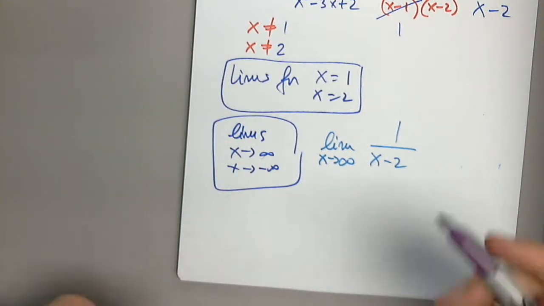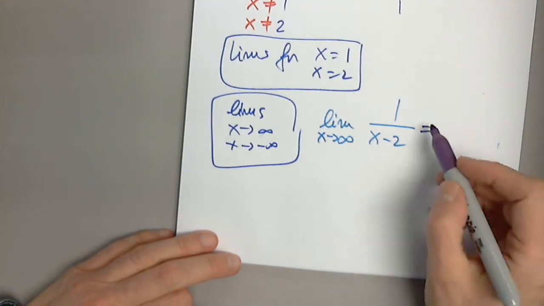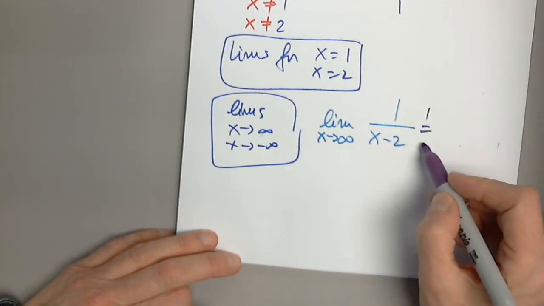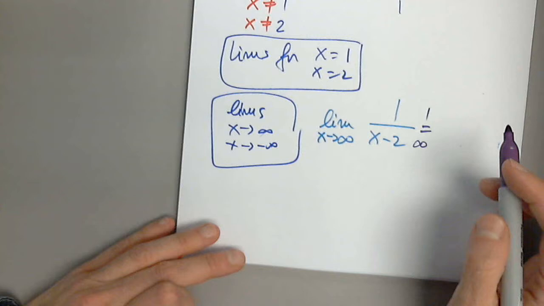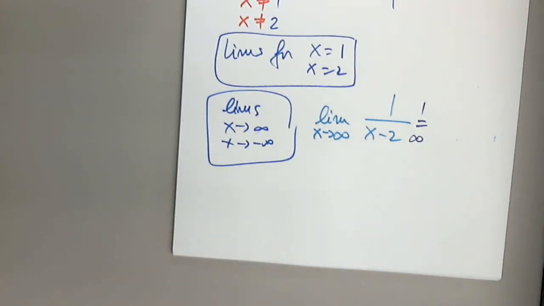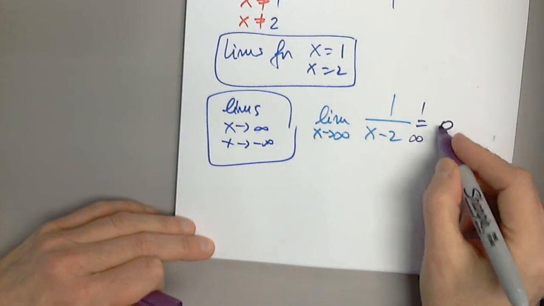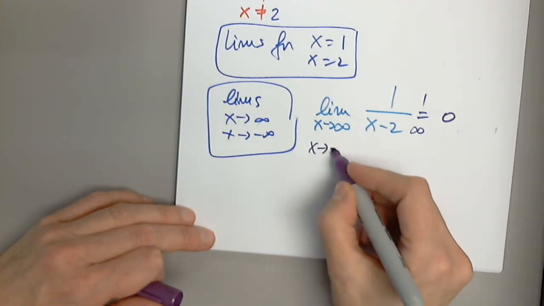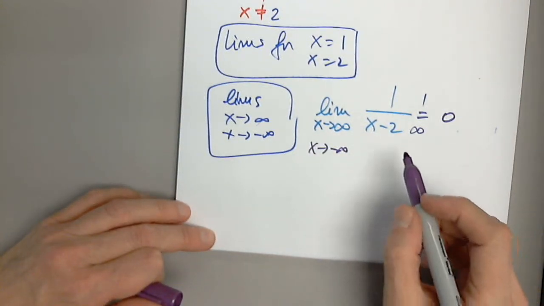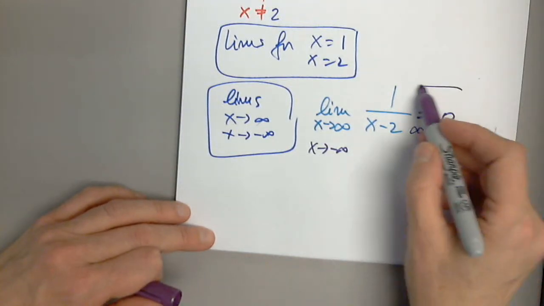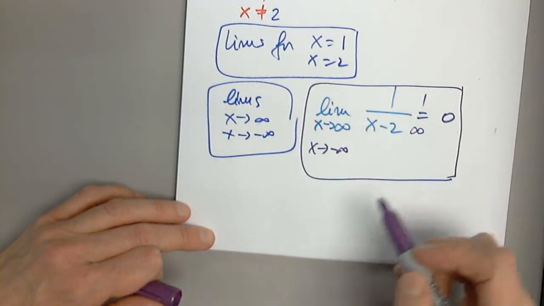Good. So what is this limit? Obviously, it's 1 divided by infinity. When you divide a cake among infinite people, how much will everyone get? 0, indeed. The same thing when x approaches negative infinity. The answer will be 0. So then what do we conclude?